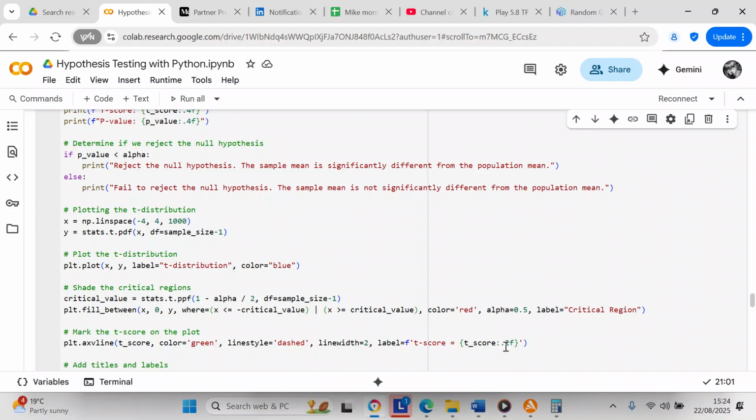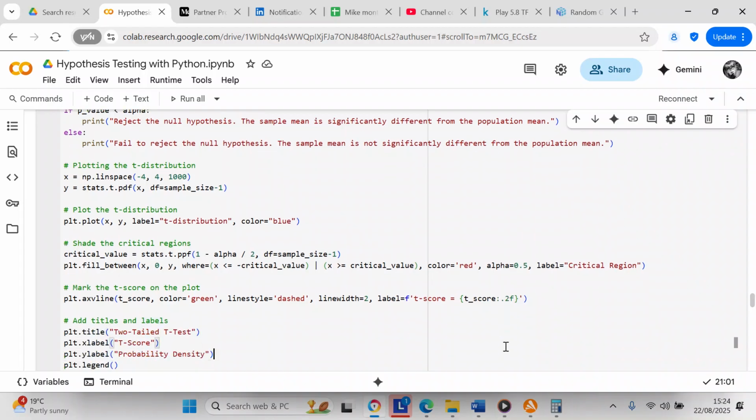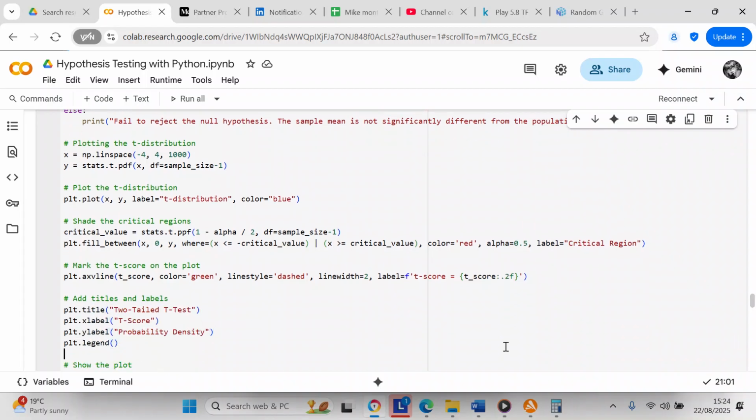So now we mark the t-score on the plot. plt.axvline, brackets t-score, comma, color equals green, comma, linestyle equals dashed, comma, linewidth equals 2, comma, label equals t-score.